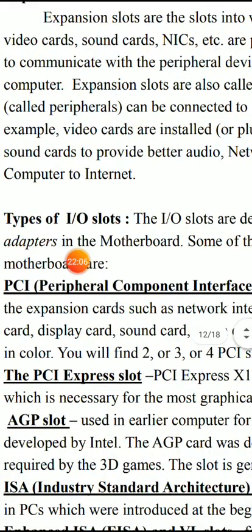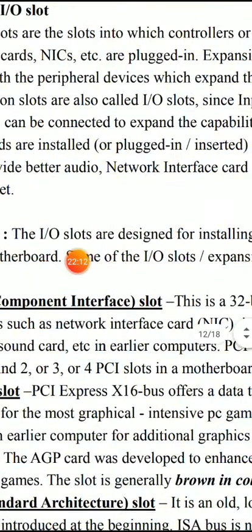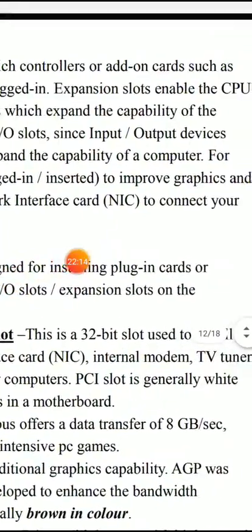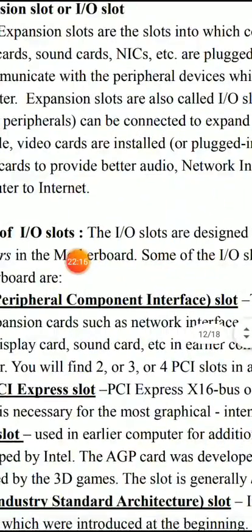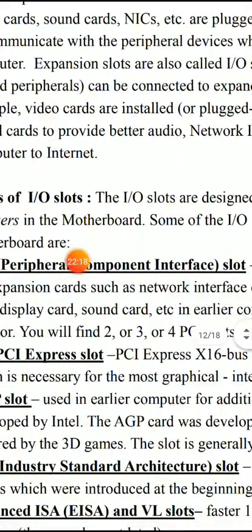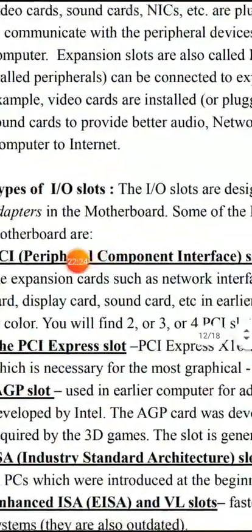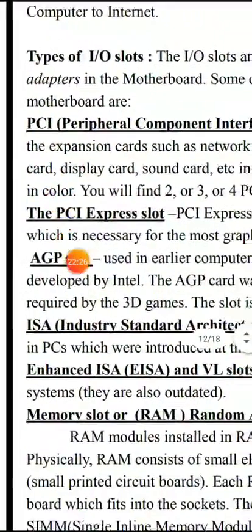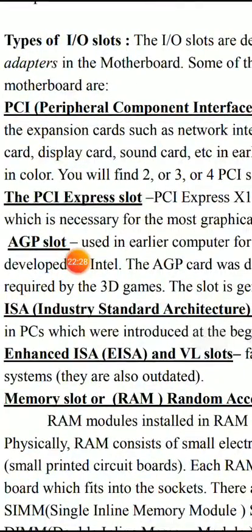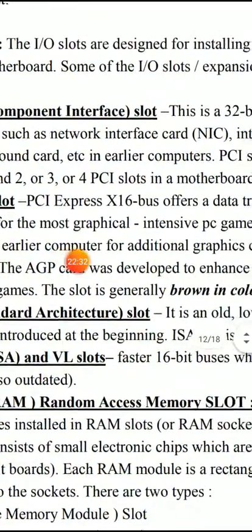Various types of slots are available on the motherboard of a computer system, which we will study under types of IO slots. The IO slots are designed for installing plug and play devices with the motherboard of a computer system. Some of the IO slots or expansion slots on a motherboard are PCI. PCI stands for Peripheral Component Interface slot.